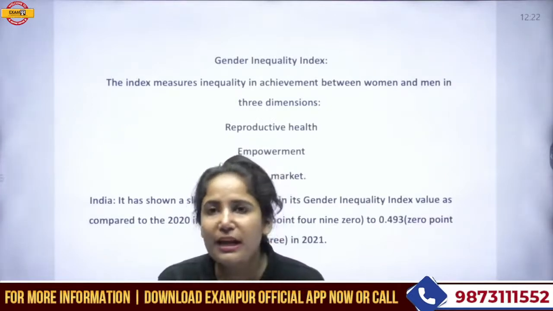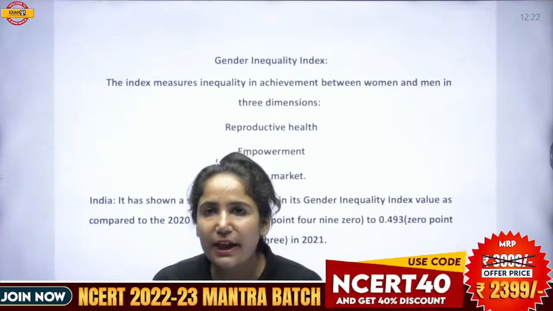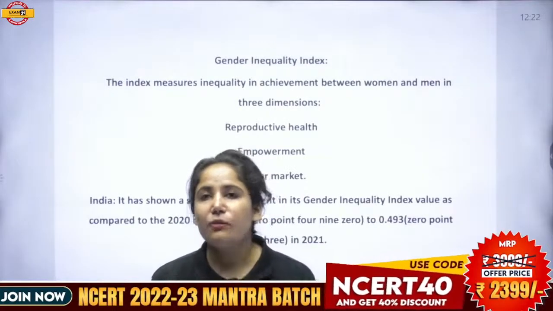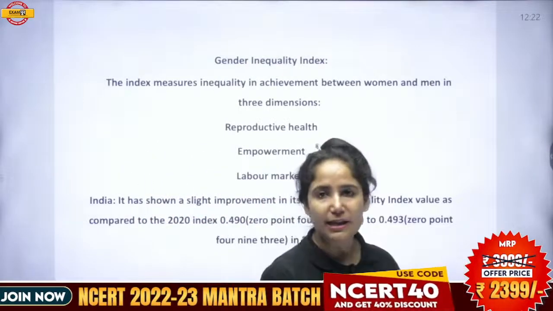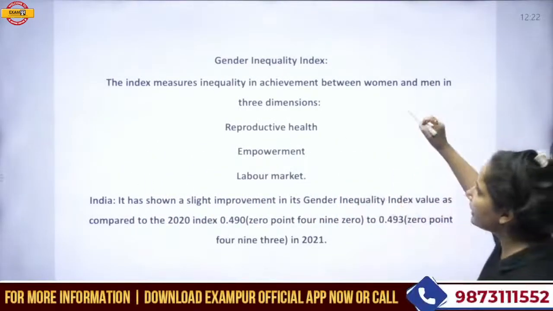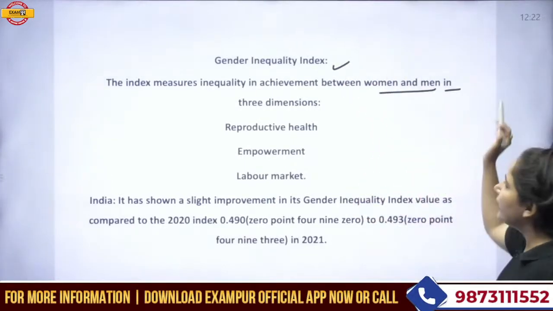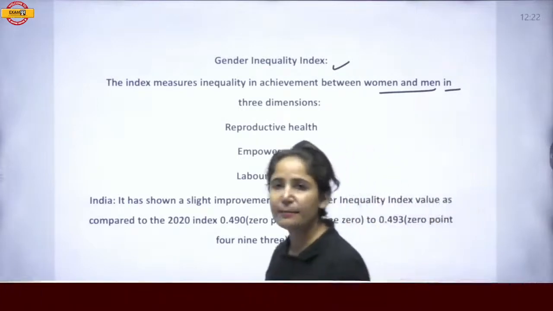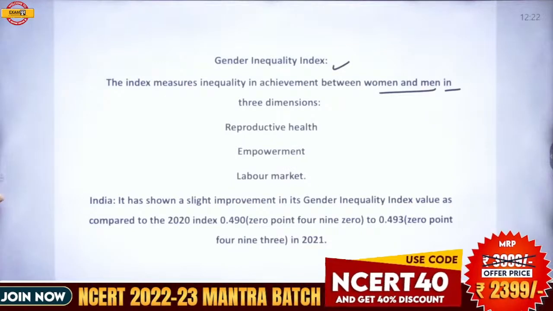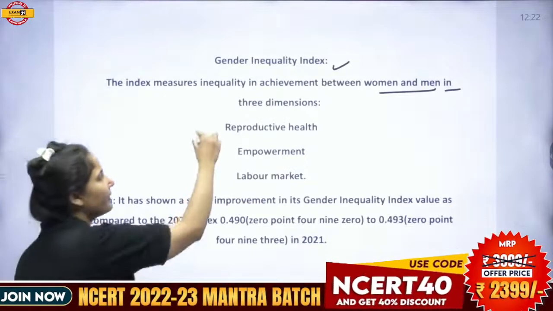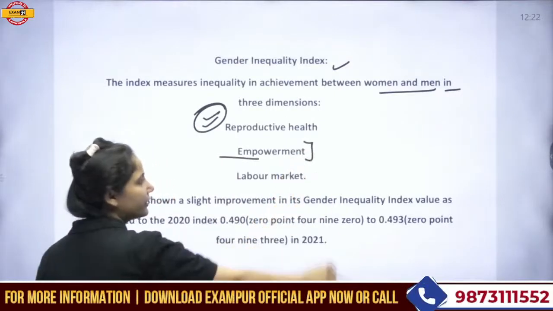And I am just going to elaborate the consequences, what is running in the economy if we have to make the comparison with the growth aspect. Okay, before going through those aspects, I just want to let you know about the inequalities point. Inequality in achievement between women and men. Three dimensions are there, and you have to deal with the gender gap ratio we have already studied. This is relevant to reproductive health and empowerment coming from power.